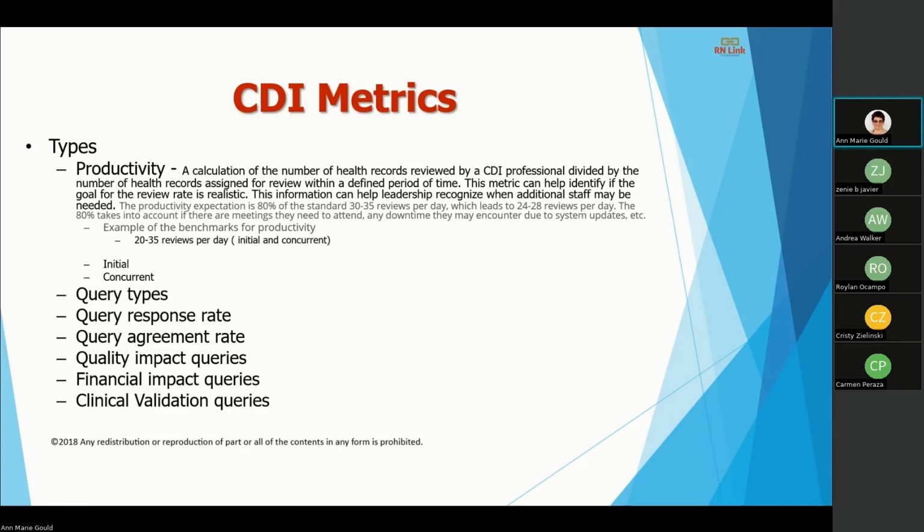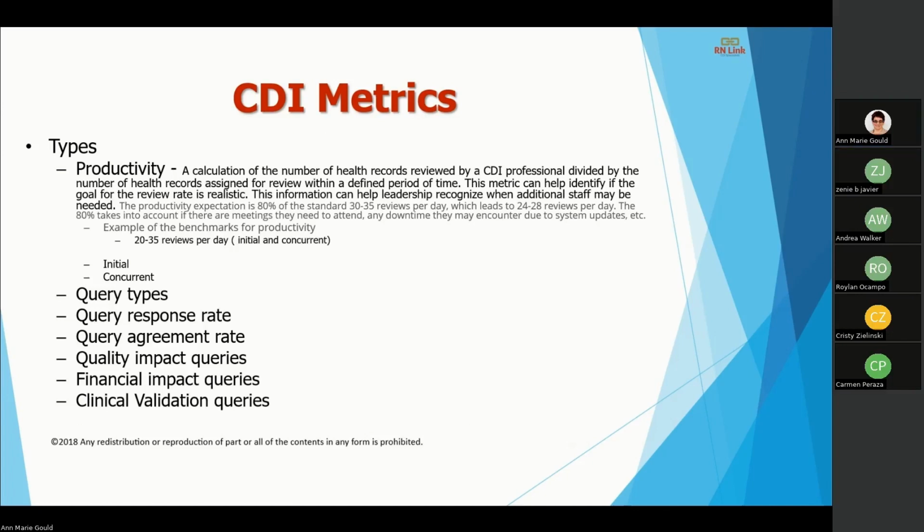This metric can help identify if the goal of the review rate is realistic. You definitely want a reasonable goal for your daily productivity scoring, the number of charts reviewed. This information can also help leadership recognize when additional staff may be needed.